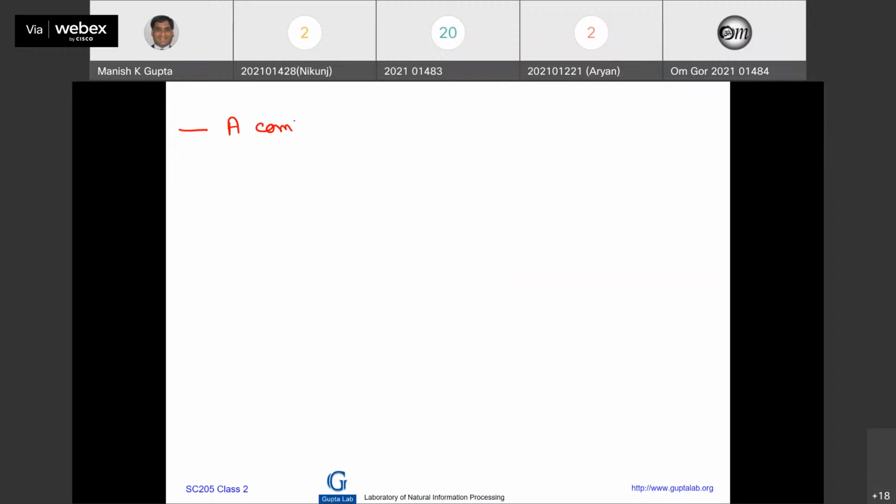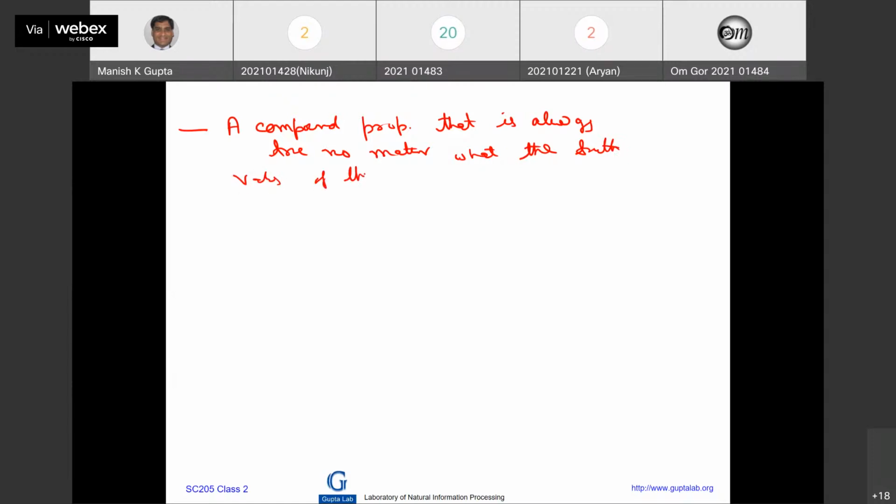A compound proposition that is always true, no matter what the truth value of the propositions that occur in it.